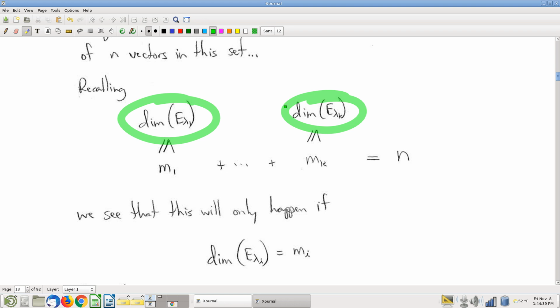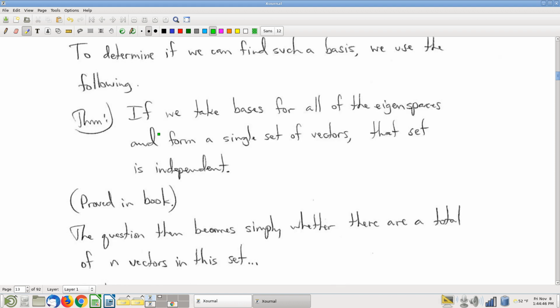How do we know that's not going to happen? That's something we have to worry about, but the good news is it never happens, and that's this theorem here. If you take bases for the eigenspaces, throw them all into the same list to form a, hopefully, fingers crossed, basis for Rn, that will always be an independent list.